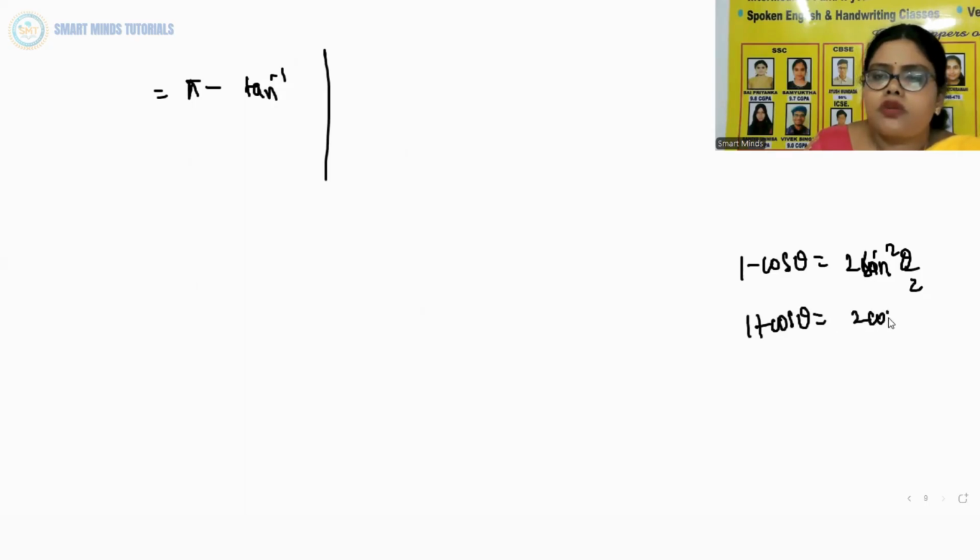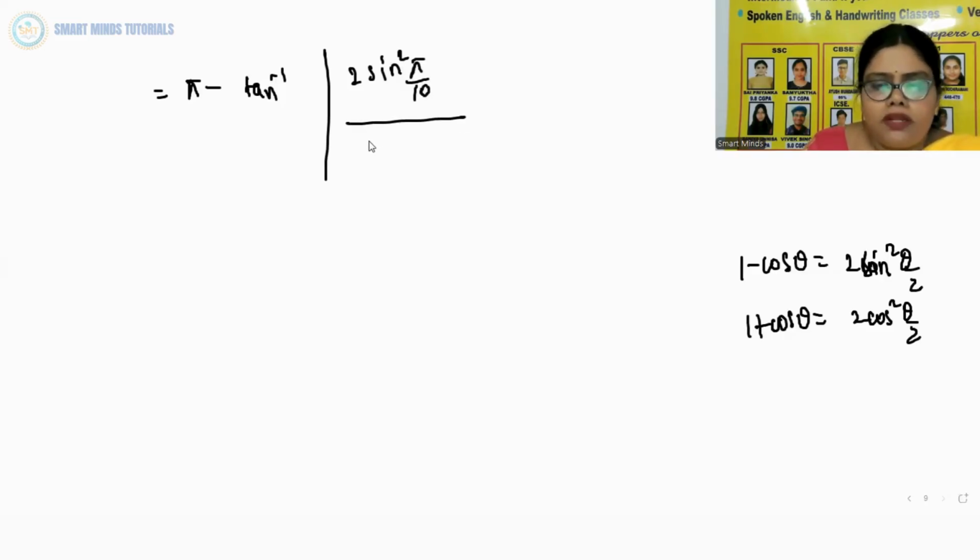Now in the numerator you got 1 minus cos pi by 5. So 1 minus cos theta, how can we write? 2 sine square theta by 2. And 1 plus cos theta is 2 cos square theta by 2. So we are substituting the value here: 2 sine square of pi by 10.